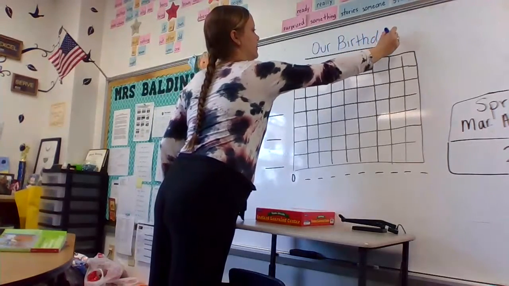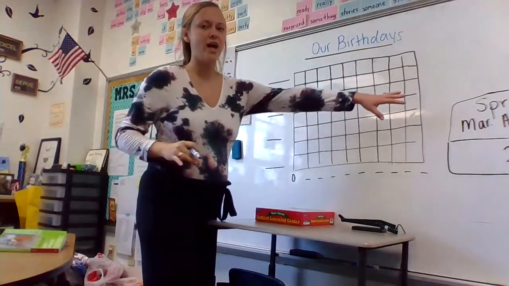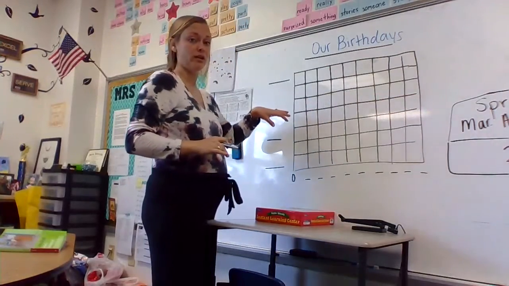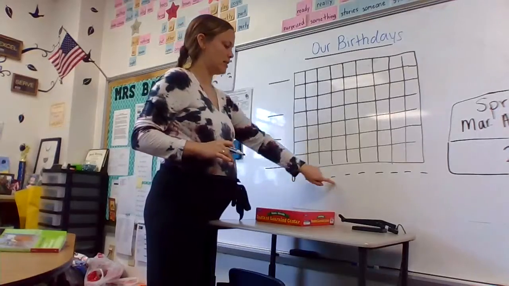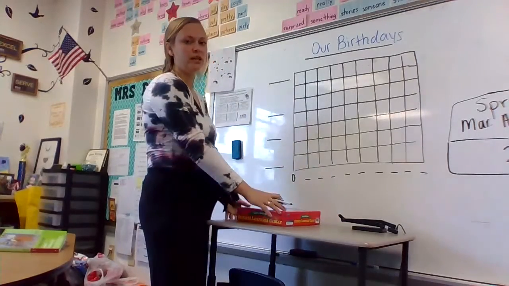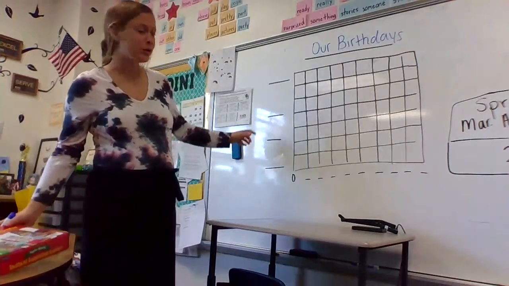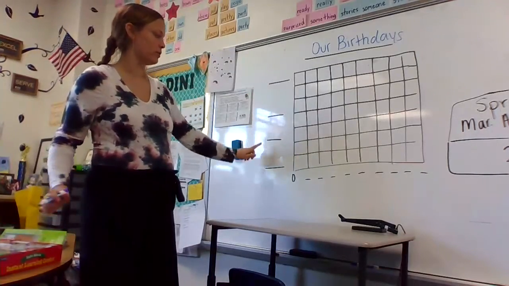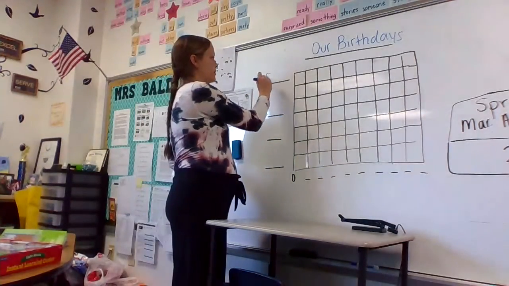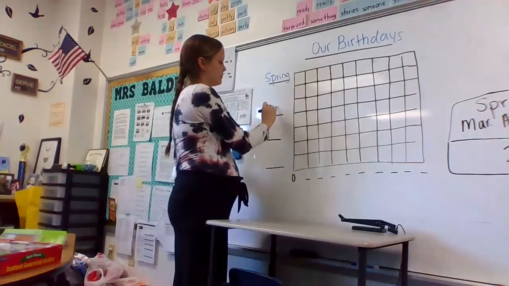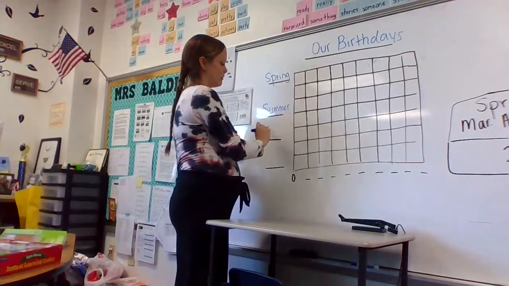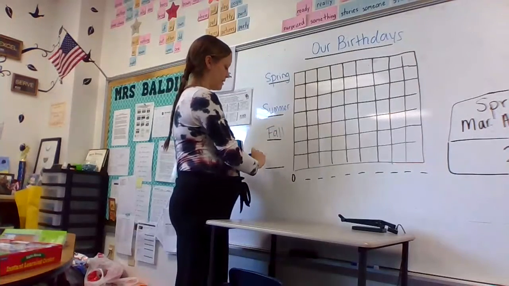And then we have to look at this box and figure out where all that information needs to go over here. So what are these lines for, and what are these little lines for? These lines over here, that's where we're going to put our 4 categories. 1, 2, 3, 4. So we're going to put spring, summer, fall, and winter.